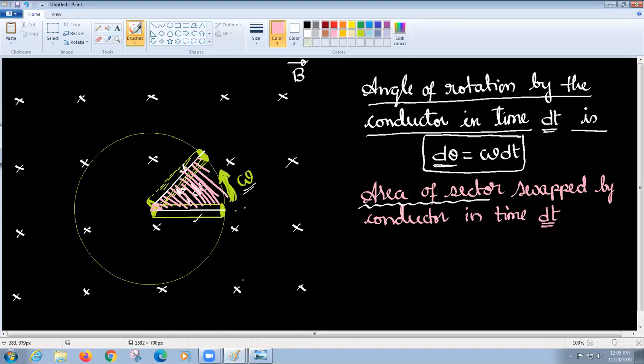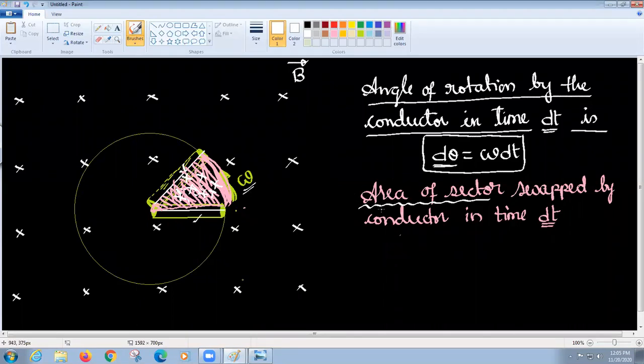I have a sector like this. And you can see you have magnetic flux like this into the board, the cross marks into the board. The light colors you can't see, but think you have it like that.